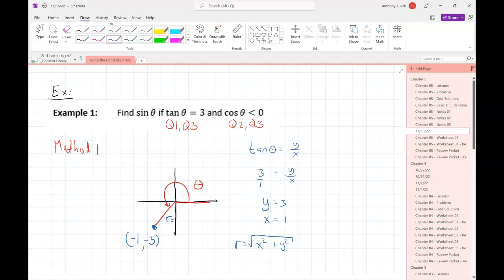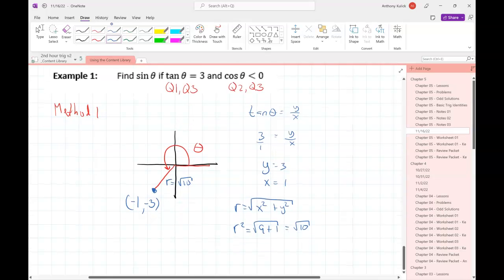And x minus 0 is just x and y minus 0 is just y. So I have this. So we get the square root of 10 is the length for r. Everybody's cool with that?